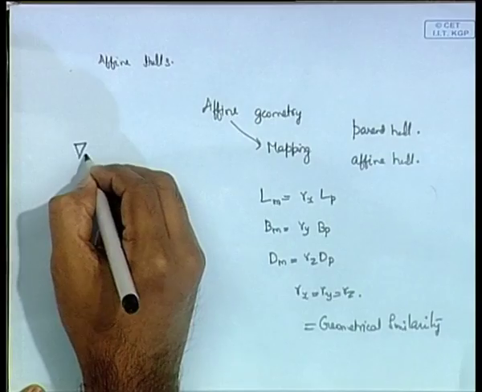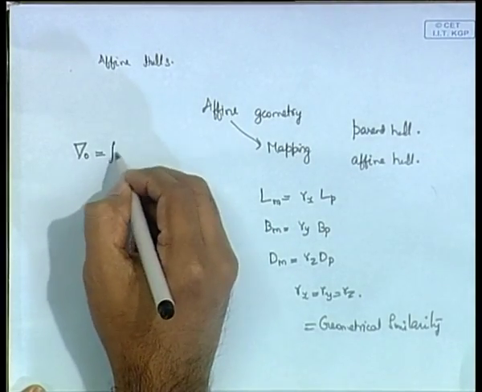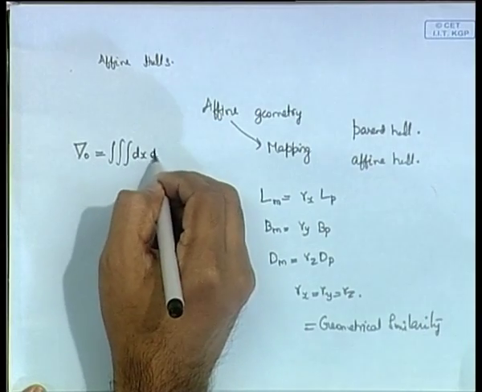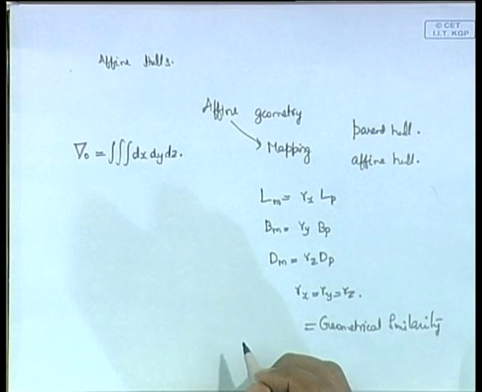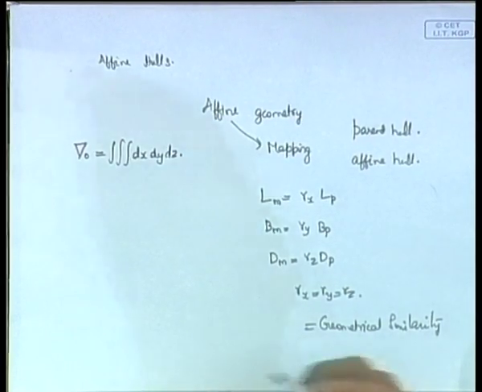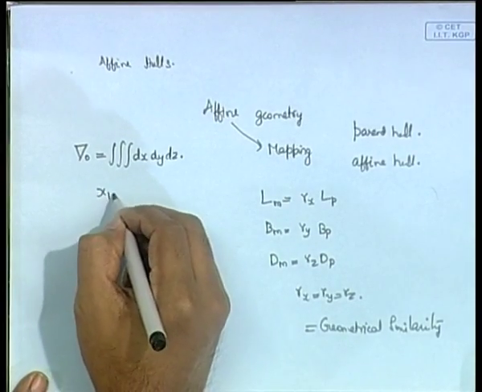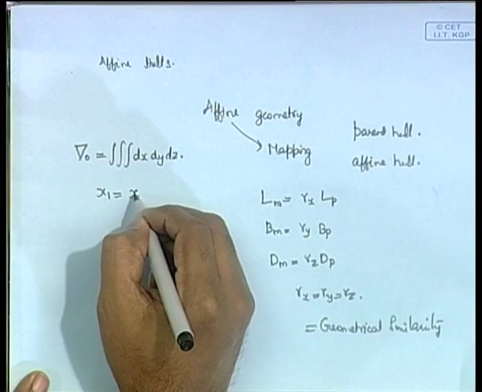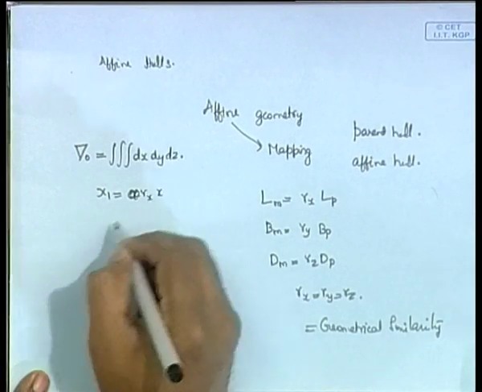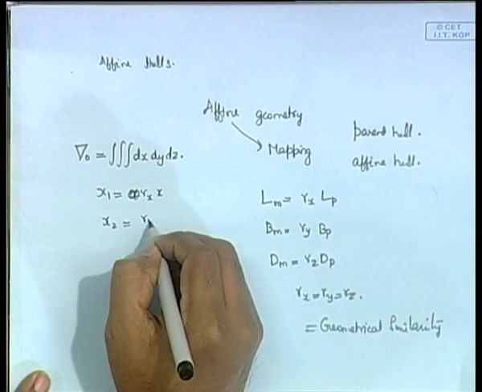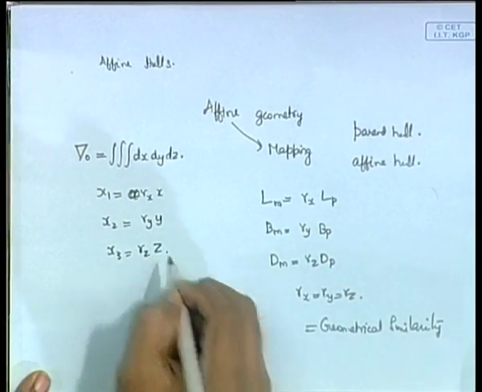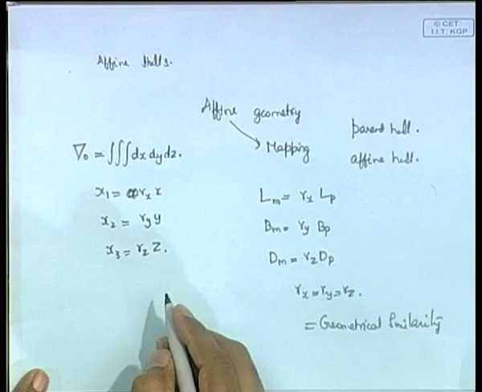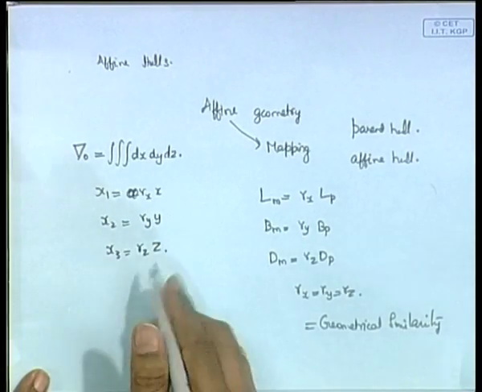Now, we know that the initial volume of a vessel is given by the integral of dx, dy, dz. Now suppose that the hull is transformed using this similarity, this transformation.